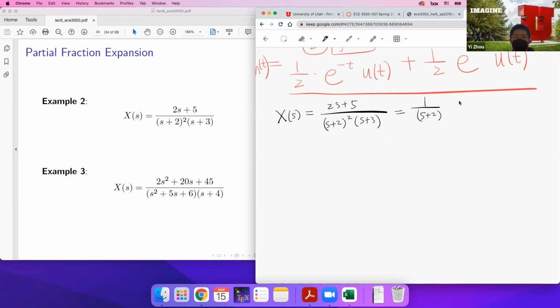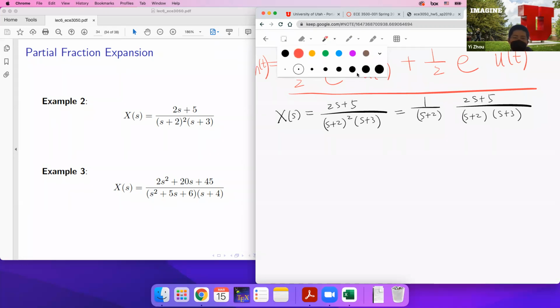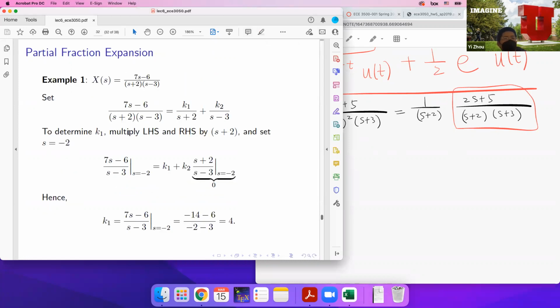I will first take out one factor. Okay, so this is equivalent. And then I can follow the standard steps of example 1.